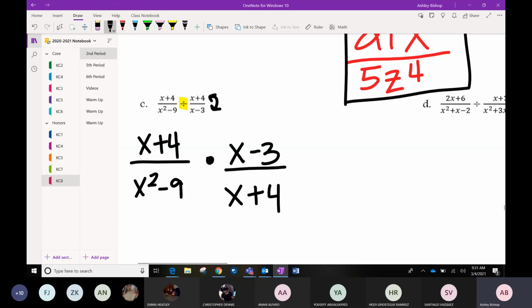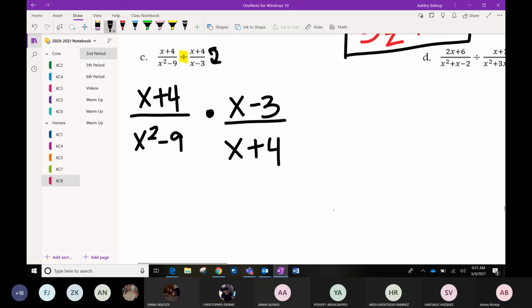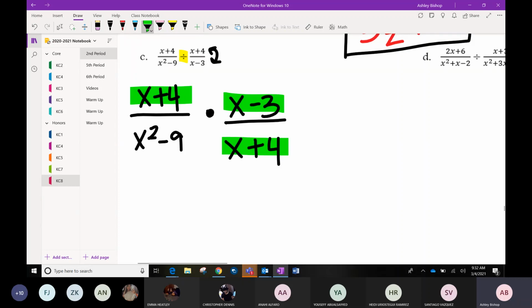Before I can cancel, I can't cancel anything out right now. What is one thing I need to take care of? Factor, good, thank you. I need to factor. I hope you agree with me that this one doesn't factor, this one doesn't factor, and that one doesn't factor. I do need to factor the x squared minus 9.